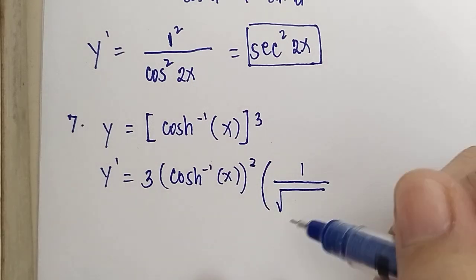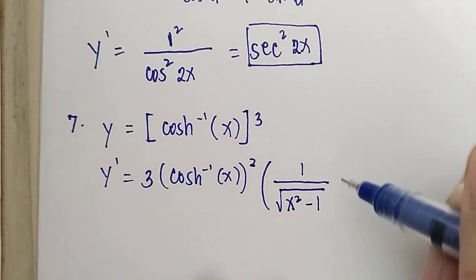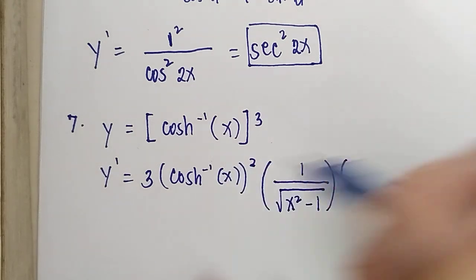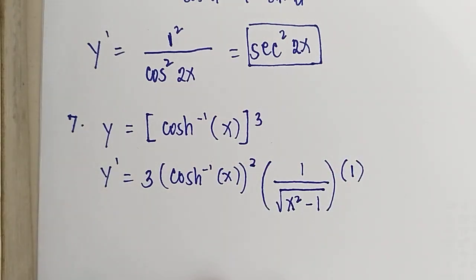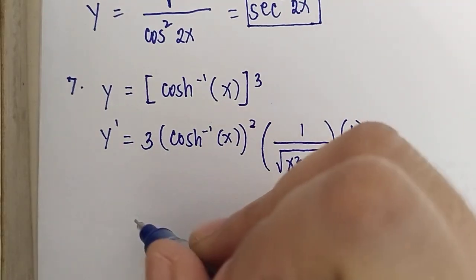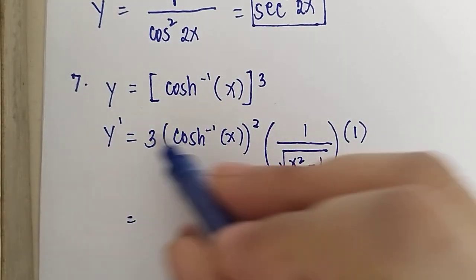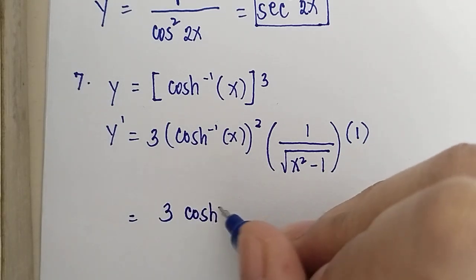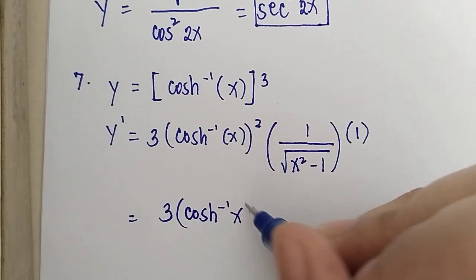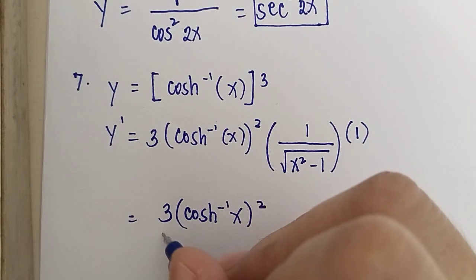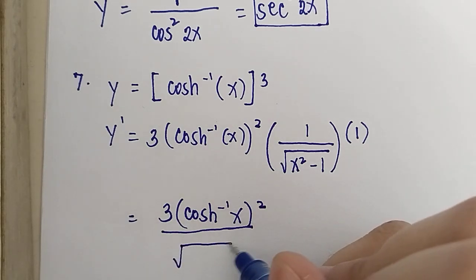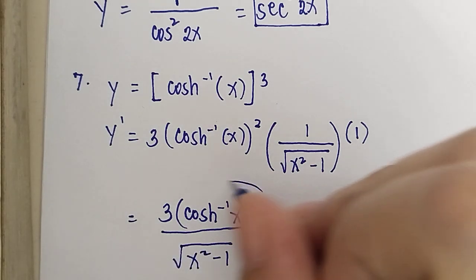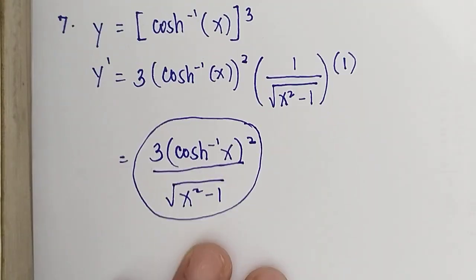What is our u? We have x, so x squared minus 1, then the derivative of u, which in this case is x, is simply 1. So, when we simplify, 1 times 1 times this, it will be 3 times the inverse hyperbolic cosine of x squared, all over the square root of x squared minus 1. So, this will be our final answer. Okay? So, that is it for hyperbolic and inverse hyperbolic.